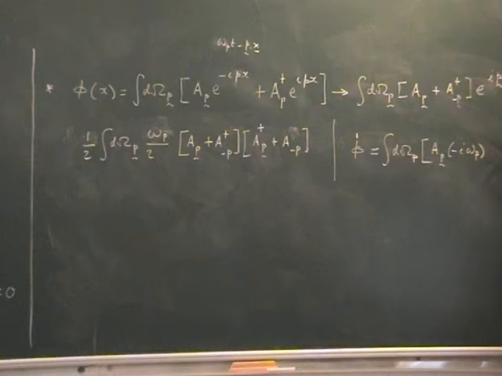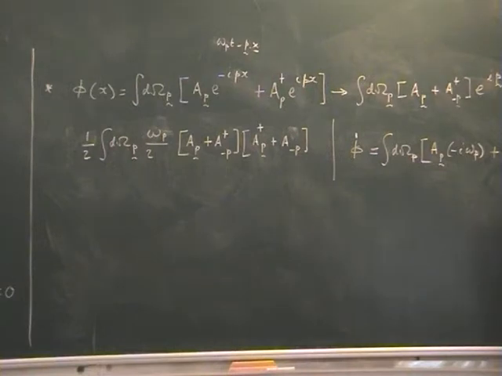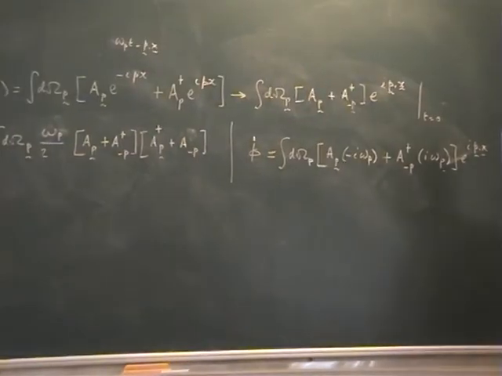Of course, after taking the derivative, I am setting t is equal to 0. So, and everything, all these ideas will work. In the other one, I will get plus i omega p. So I will have plus a_p dagger i omega p times e to the i p dot x. This is again evaluated at t is equal to 0.